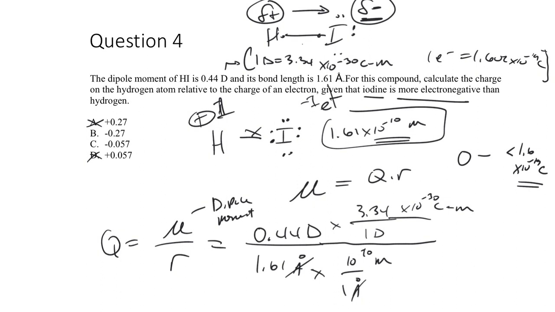That is 9.13 times 10 to the minus 21 coulombs. So a fair bit lower than the charge of an electron.